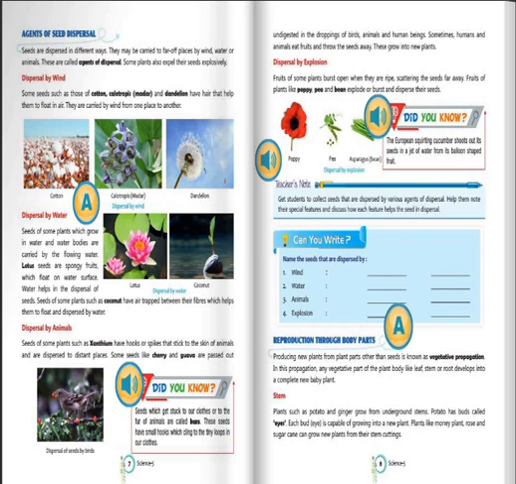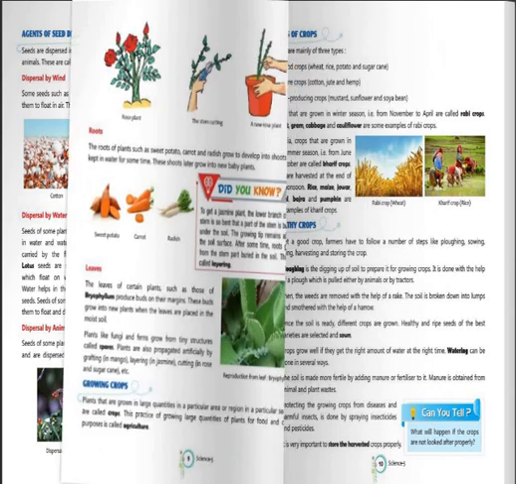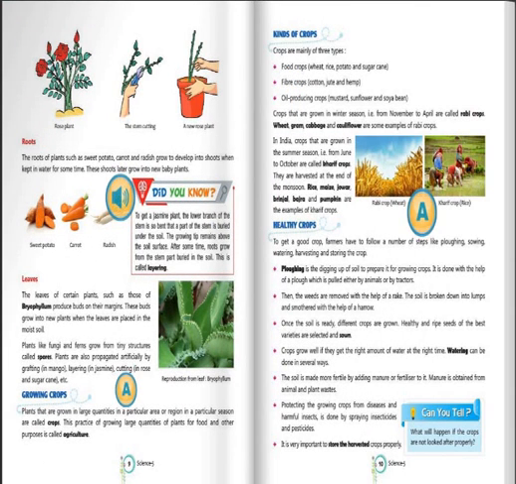Now let's go to the next page. As you can see at the top of the page, rose plant, we just have to cut the stem of that plant and place it in a new pot and it will grow into a new plant.